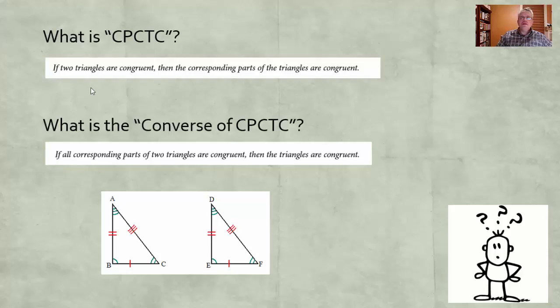If we switch this first statement around, we get: if all corresponding parts of two triangles are congruent, then the triangles themselves are congruent. That's kind of backwards. So again, if all the matching parts are there, then the triangles must be congruent. So right now, in order to show two triangles are congruent, we'd have to show that all three angles match each other and are congruent, and all three sides match each other and are congruent.